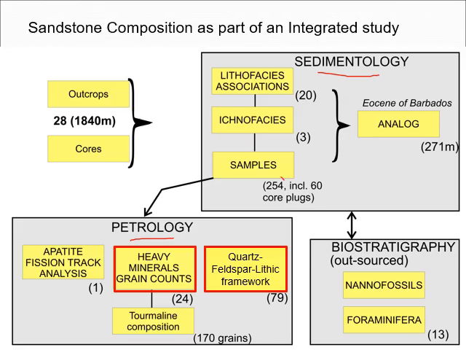We also collected quite a number of samples, and the results of the studies of those samples, some of them are being shown today. And then lastly, we try to integrate a little bit of nanofossils and foraminifera into the results. But today, what we'll be focusing on would be the heavy mineral grain counts and a little bit on the quartz feldspar lithic framework relationships.